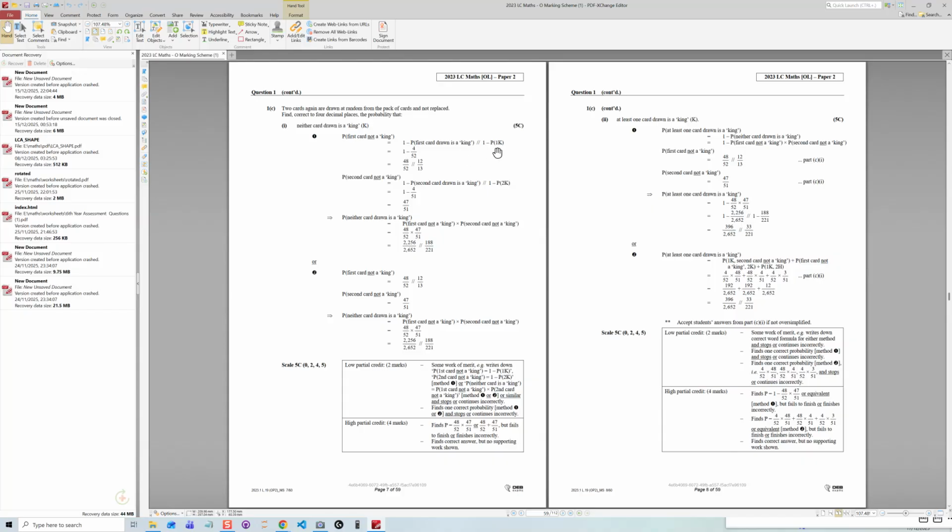And is it 1 minus the product? And they haven't corrected it. Neither card drawn is a king. Or else they're going to go on to at least one. They haven't given a decimal here, have they? They're giving it this way, 48 over. So I'd have to calculate that because they've never done so. Probability neither card drawn is a king, but that's not enough.